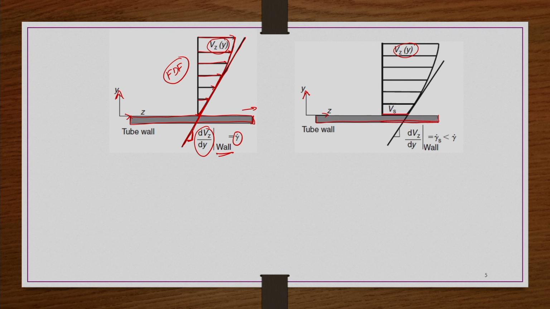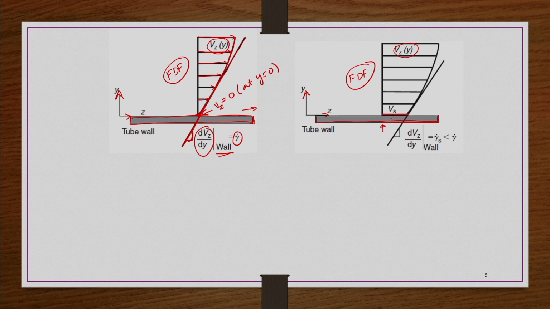So, now velocity profile if you draw at any location, let us say at this z location, here again it is fully developed flow. What happens at the wall? Now, we do not have a V equal to 0. Here in the case of no slip condition, what we have seen, Vz is equal to 0 at y equal to 0.